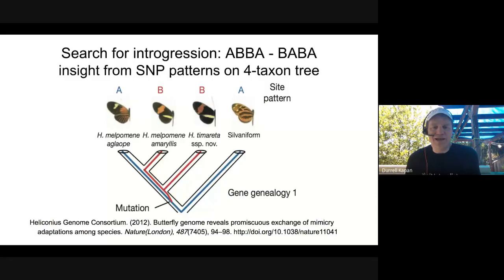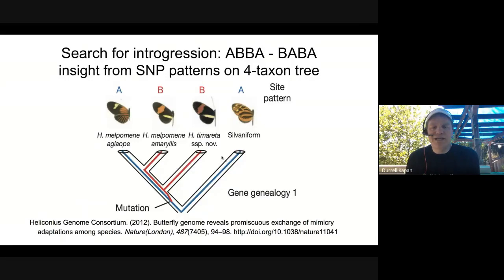And one of the coolest methods that came out in the rise of the genomics era in the 2000s was this idea of counting SNPs on a tree which is polarized, a 4-taxon tree. In other words, we have an outgroup on the right; in this example from our 2012 genome paper in Nature, it would be the sylvaniform or orange butterfly.